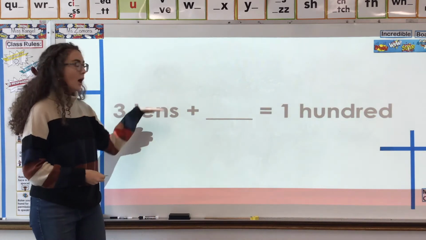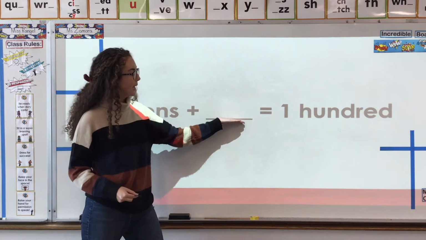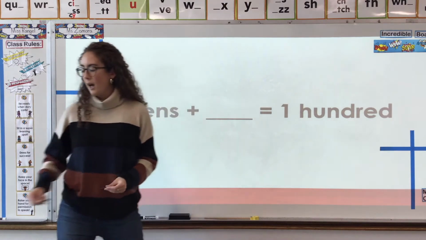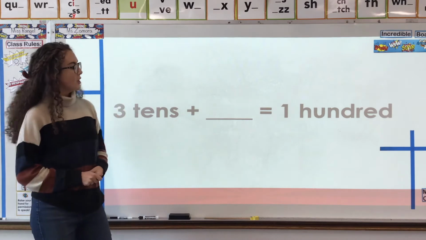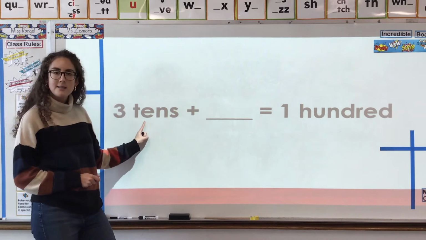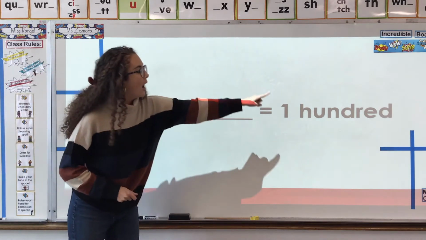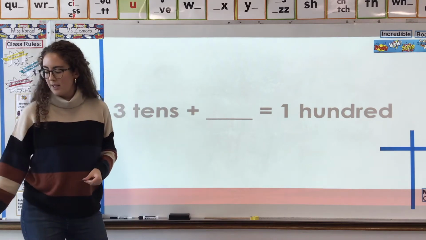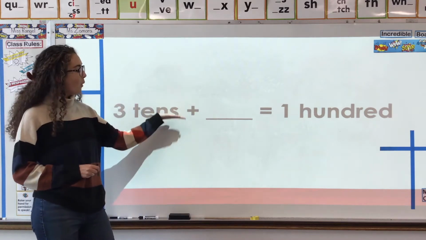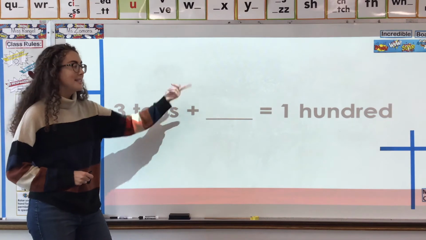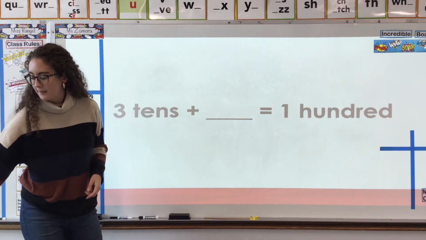Okay, 3 tens plus blank equals 100. So I already have 3 tens. I want to get all the way up to 100. How many more tens do I need to equal the same as 100?